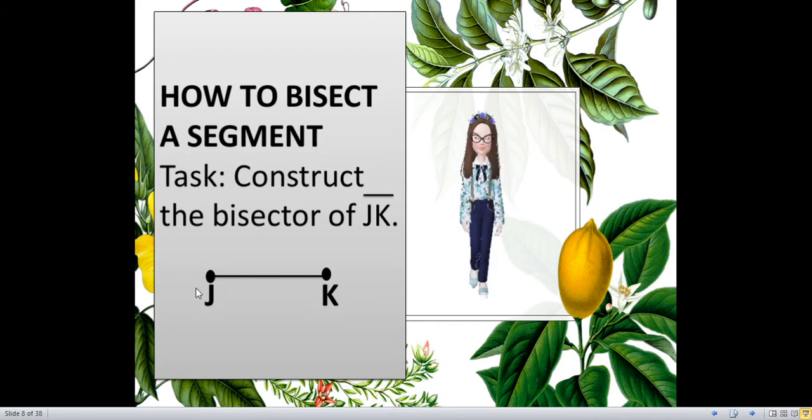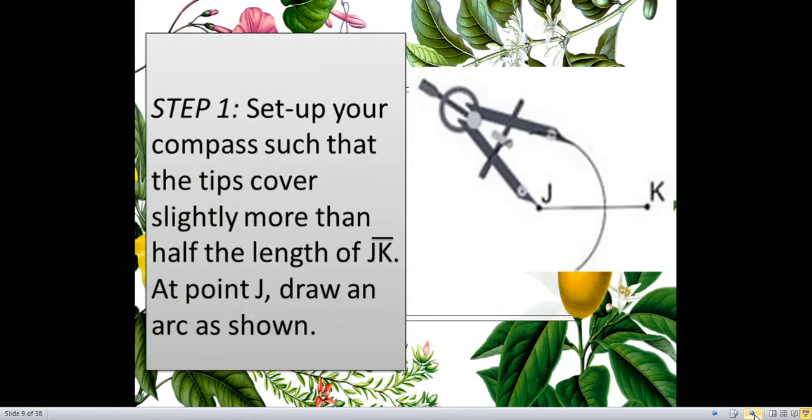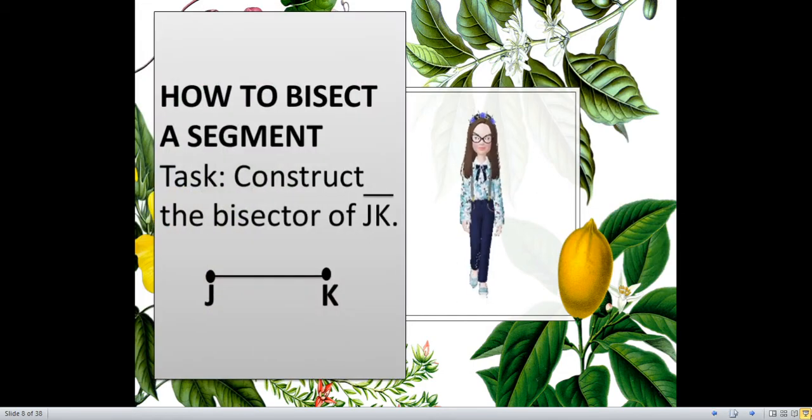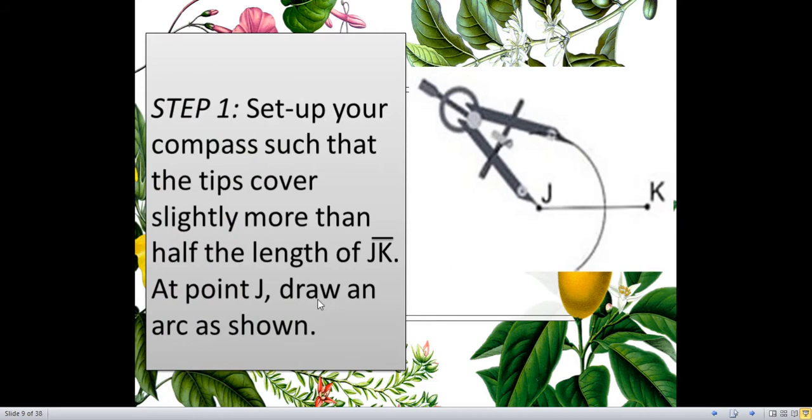This is the line segment JK, as you can see in the figure. Then we have a step-by-step process on how to bisect the segment.